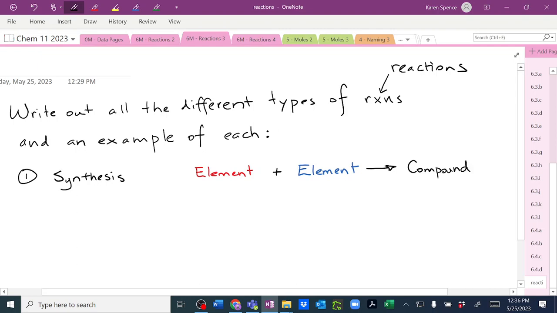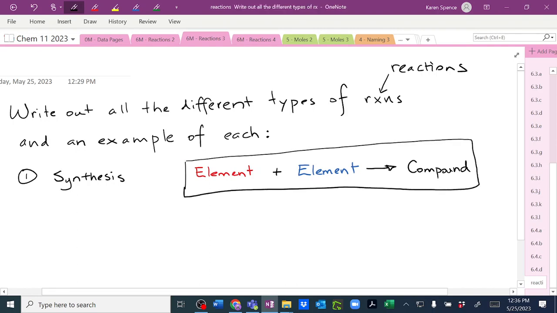Now, when it comes to predicting the products, which we're not doing quite yet, but just to get you thinking about it, this is the only kind of synthesis reaction that you'll be expected to predict the products for. I'm never going to give you a more complicated one.